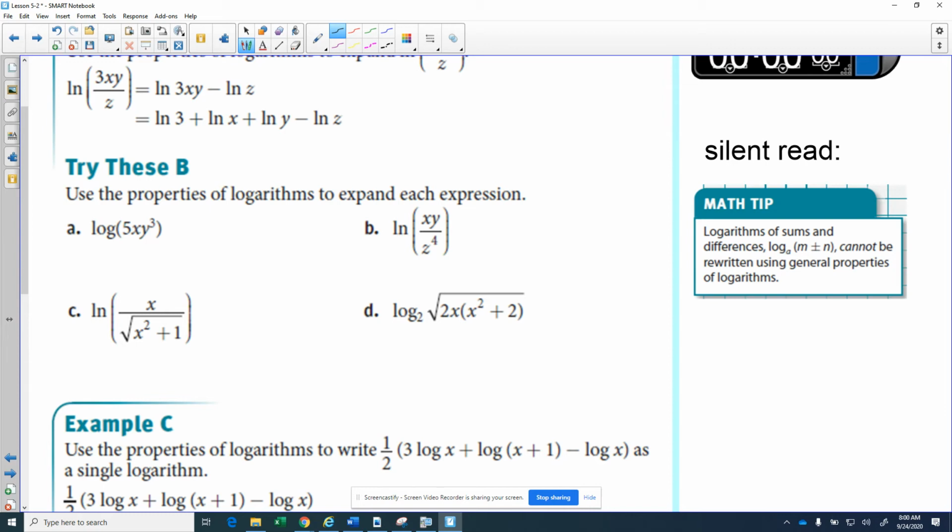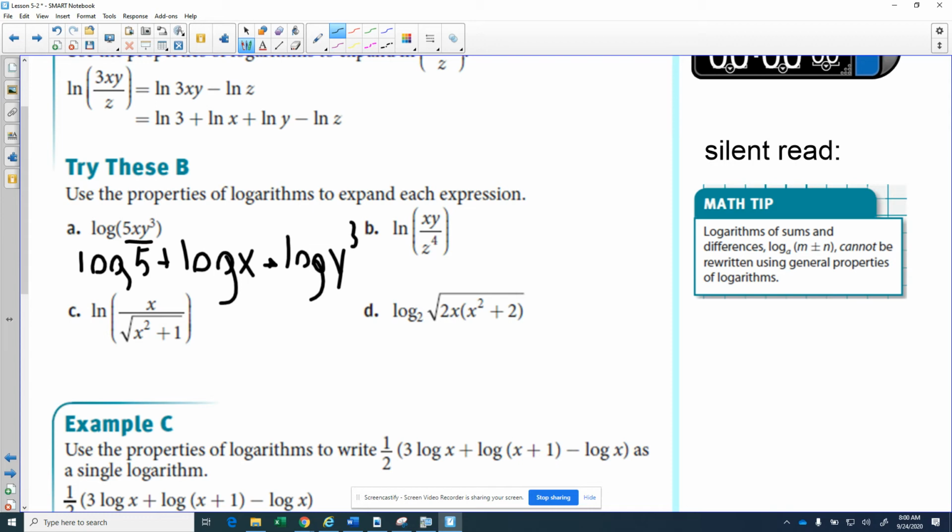So I want to think, what can I turn multiplication into? Well, I can split these three up into an addition problem. That basically means I can change this into log of 5 plus log of x plus log y cubed.